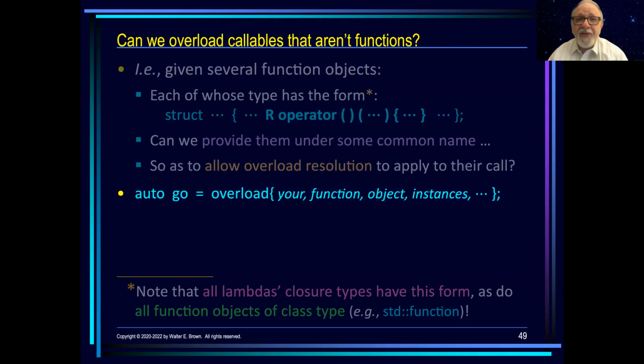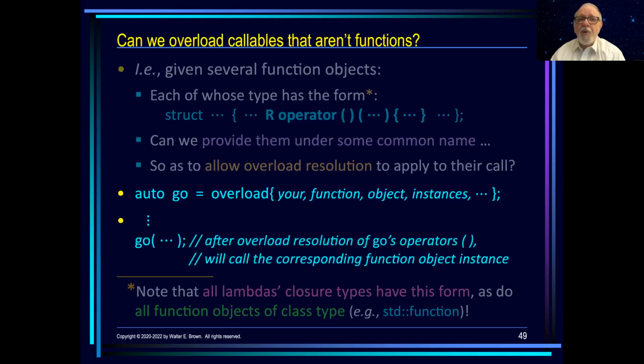And then once I've done that, I want to be able to say go and supply appropriate arguments and have the compiler do overload resolution on all of the call operators in all of these function objects, and call the best one. And yes, we can do that.